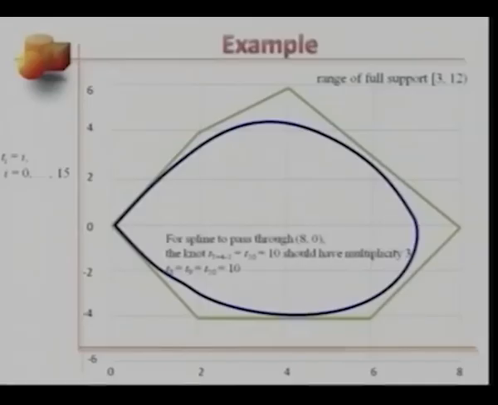Now try to work this thing out yourself. For this closed spline to pass through this data point here, 8, 0, the knot T7 plus 4 minus 1, which is T10, which is equal to 10, should have multiplicity 3. That is, T8 equals T9 equals T10 equals 10.